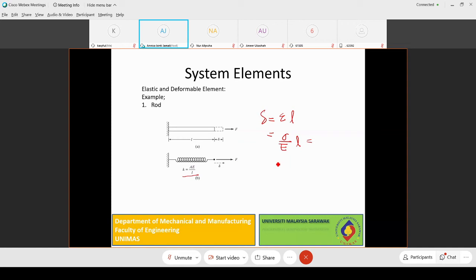So the K for a system should be the force applied over the resulting deflection.